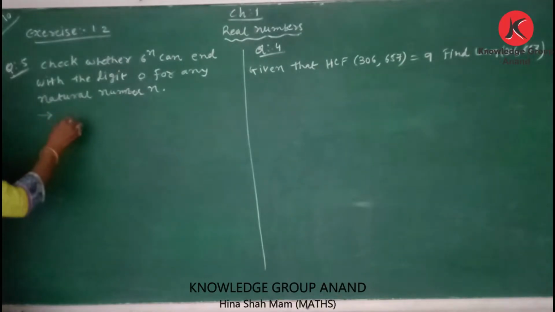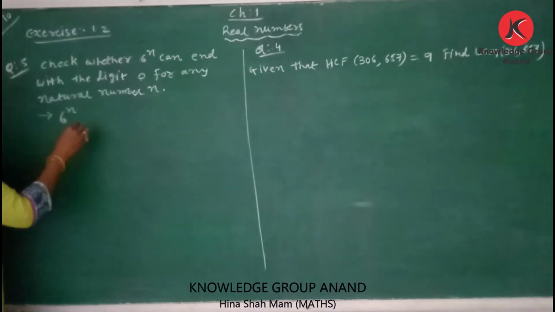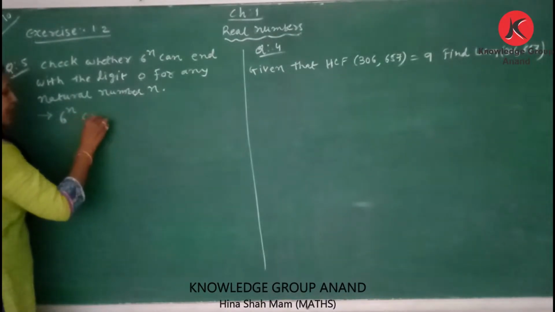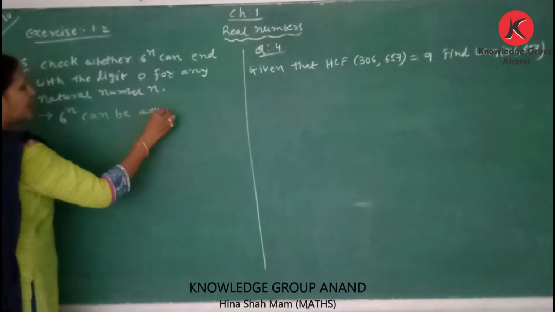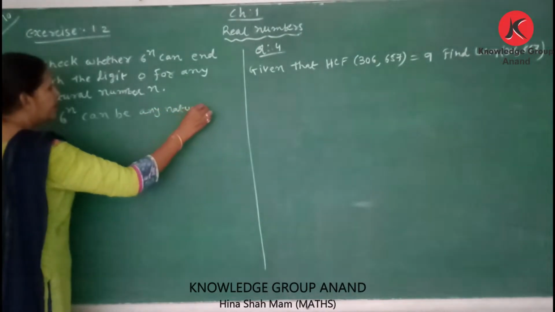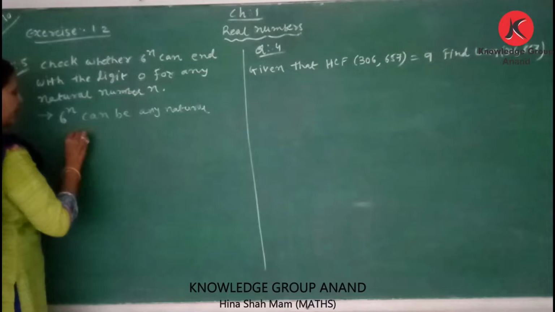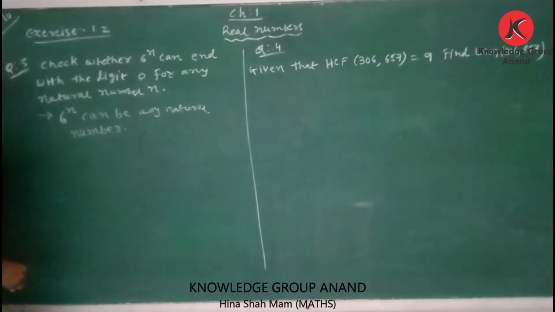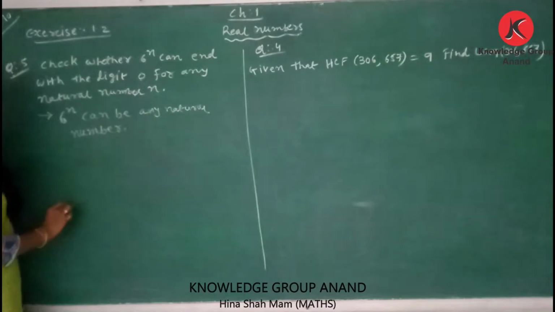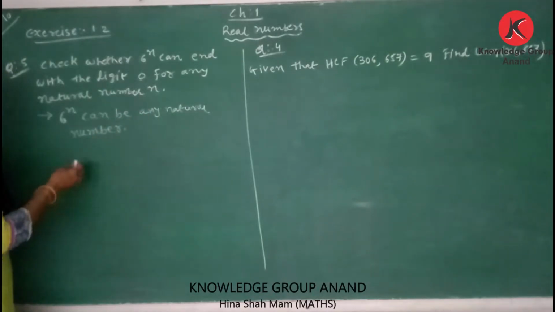Here 6 raised to n can be any natural number.